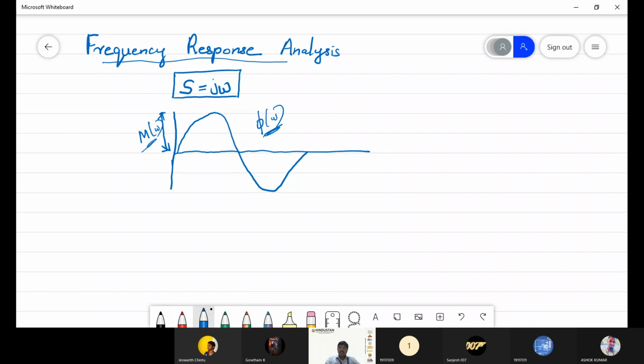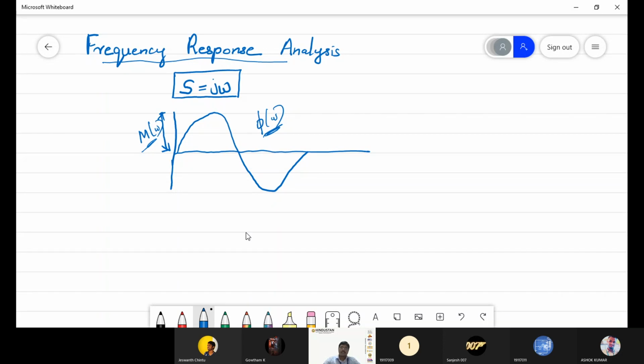So the next thing is, we are going to derive something in this frequency response analysis. I hope you can understand, because you already studied the time domain analysis. So the similar version here, we are going to do the frequency domain analysis. For example, we call the transfer function.